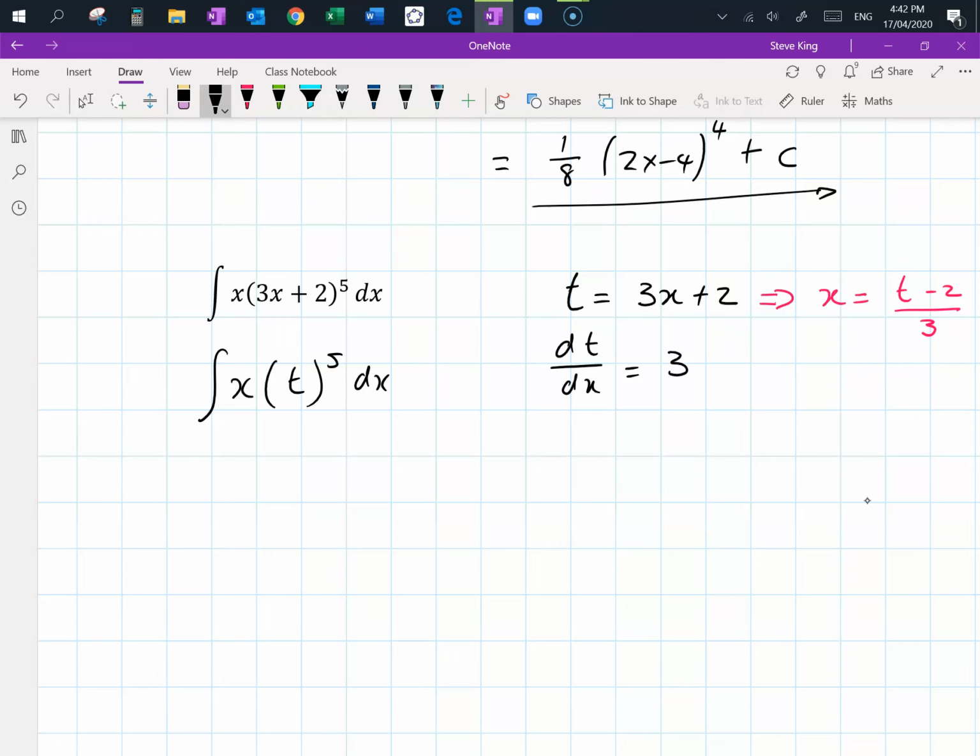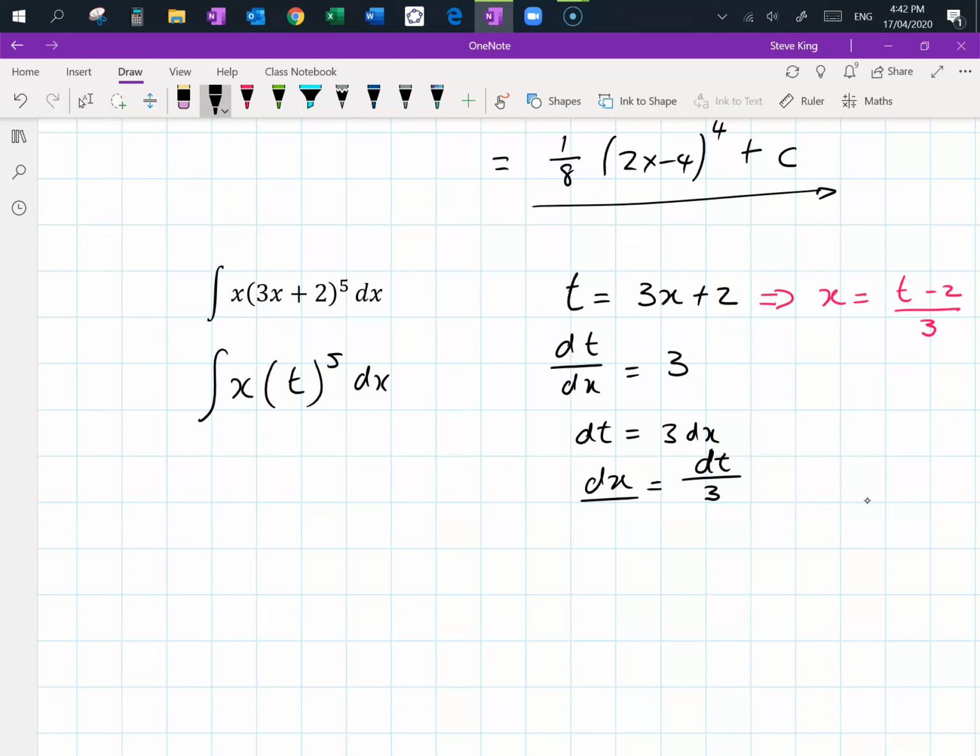If I rearrange this, I can say dt is going to equal 3 dx. But I could always rearrange that and say that dx is going to be equal to dt over 3.